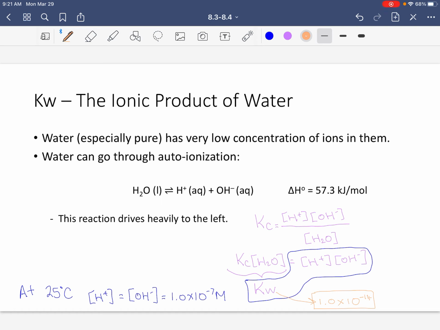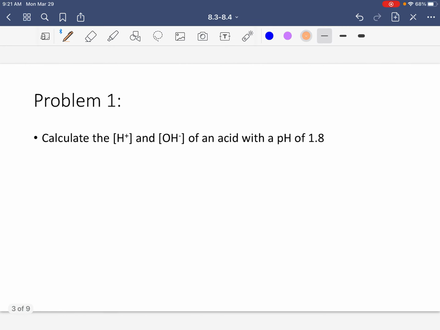Pretty nuts. It's just water, and there's so much information you can get out of it. Of course, it's not surprising. So let's do an example. Calculate the H+ and OH- concentrations of an acid with a pH of 1.8.